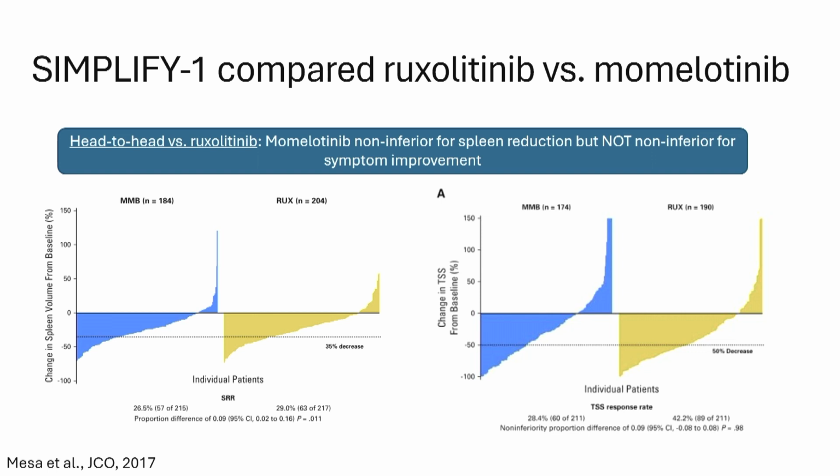And what we saw here is that both were about the same at improving spleen size based on standard metrics. And it looked like Rux was maybe a little bit better at improving symptoms. And I'll say in the real world, since we've had access to these, that kind of plays out. I think Rux is probably a little bit better at symptoms than momelotinib is in an all-comer population.